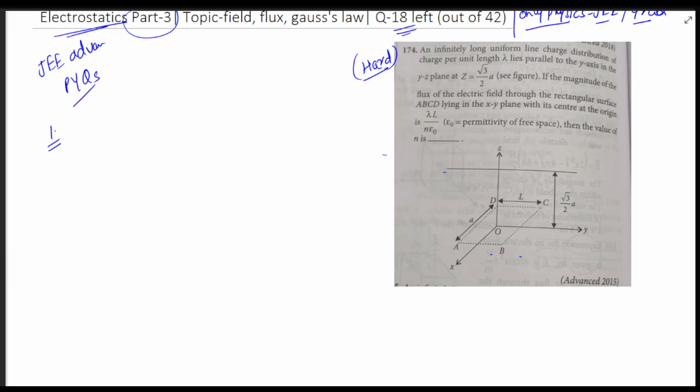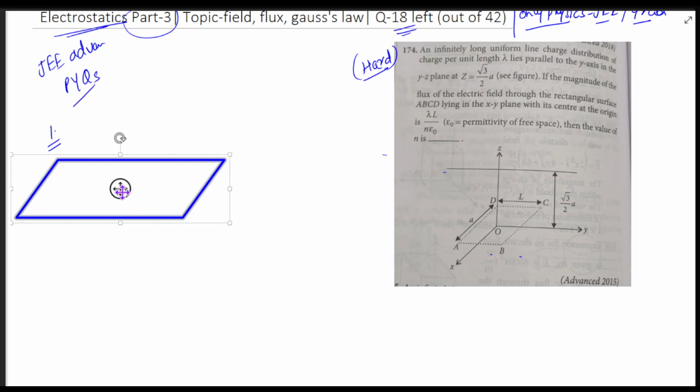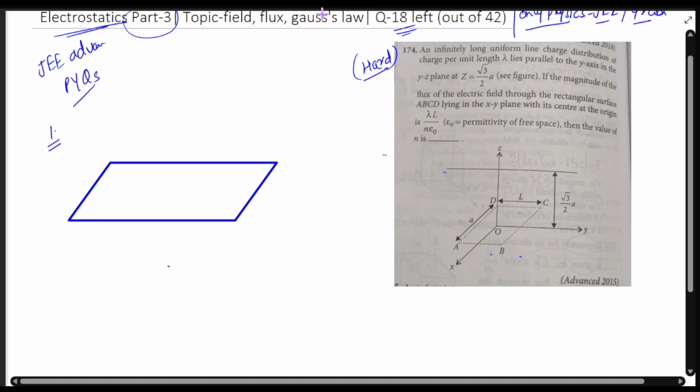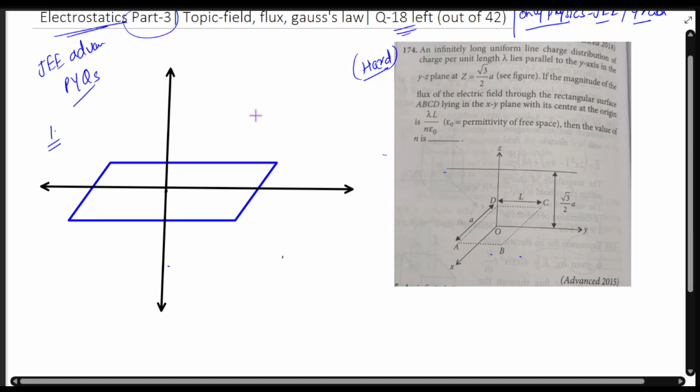Let me make a diagram for you guys. So it's like this. We have a plane like this. Let me make axes like this. This is our first axis, this is our second axis, and this will be our third axis.